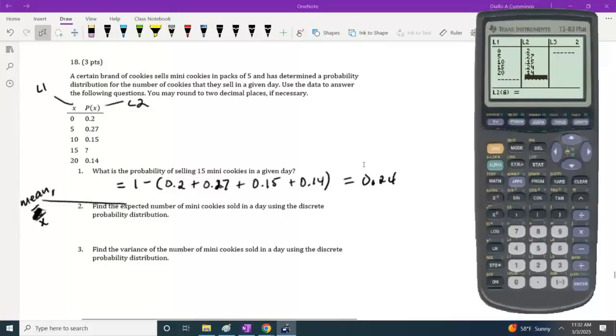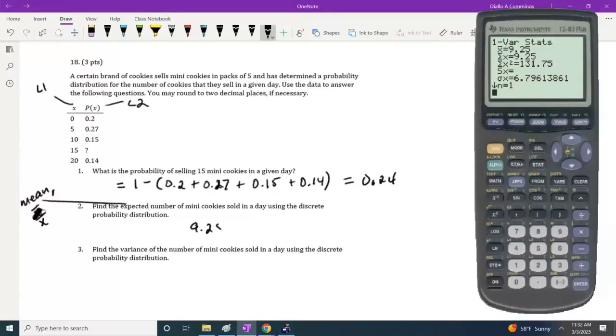I'm going to return to my home screen, go back into Stat, and scroll over to one variable statistic. We're going to put in list 1 and list 2. And we're looking for the mean, which is the expected value, which is 9.25. So the expected value is just another term for the word mean.